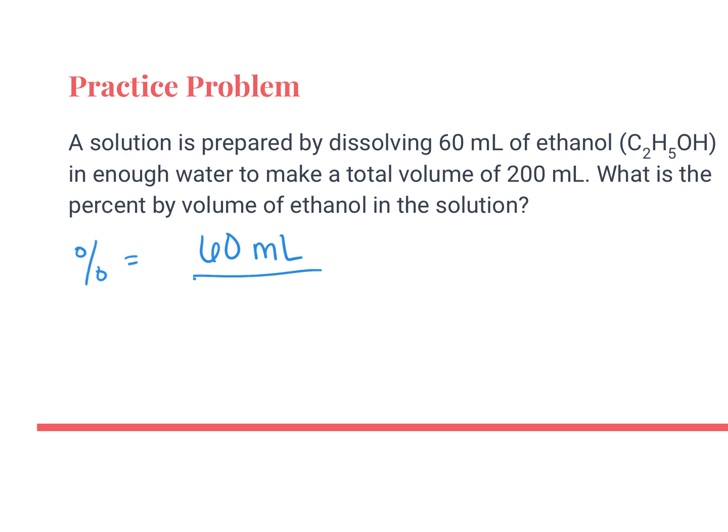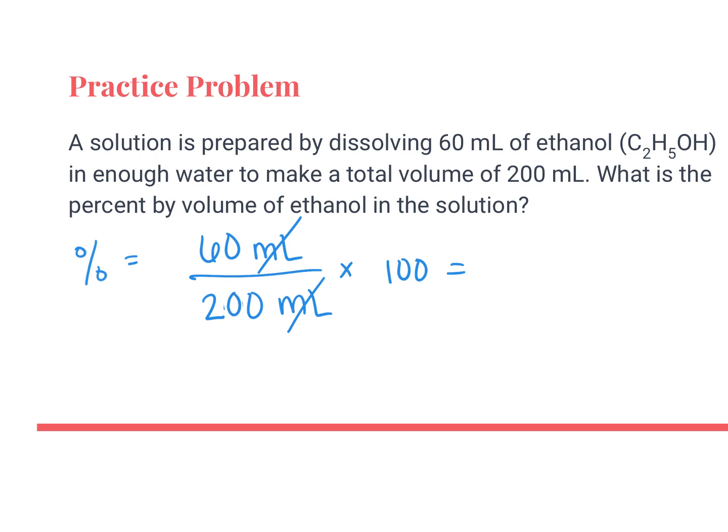And we're just going to divide it by the total volume of the solution. So what's the total volume? 200. And then to convert it to a percent, you're just going to multiply that by 100. So 60 divided by 250, and then multiply by 100. Is it 250 or 200? Oh, it's 200. I made a mistake. I'm still living on the last problem, I think.